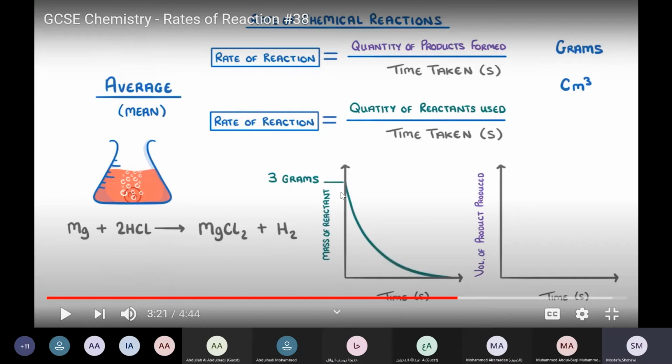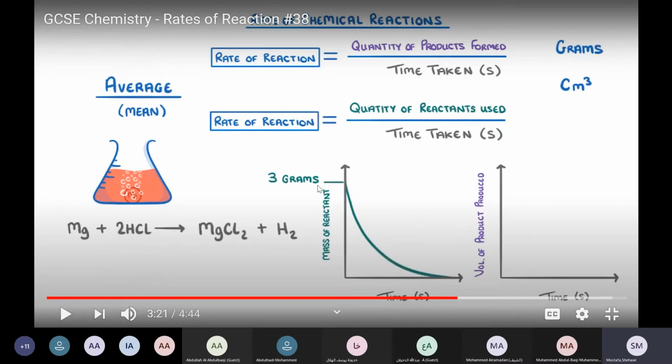In the beginning, it was so fast because the concentration of the reactants is so high. That's why the rate is very fast. When you come closer to the end and the concentration of the reactant decreases, the rate of the reaction becomes much less steep.